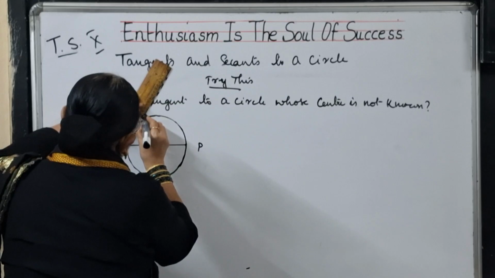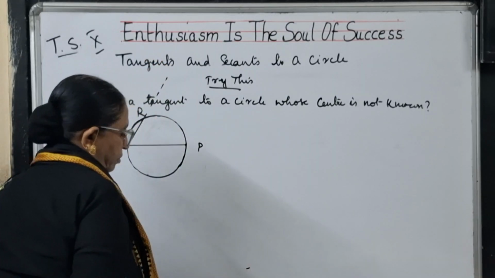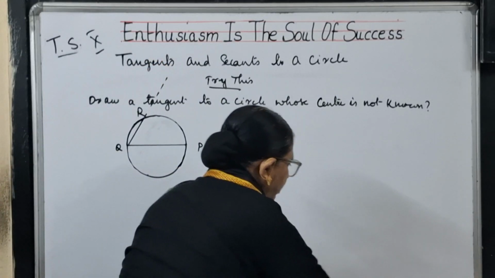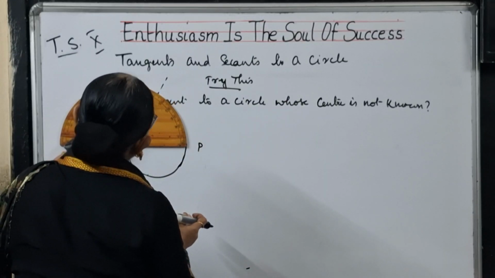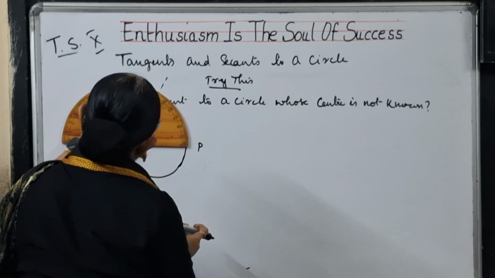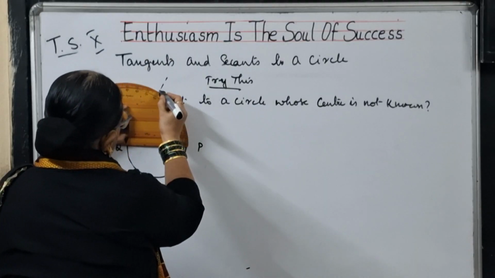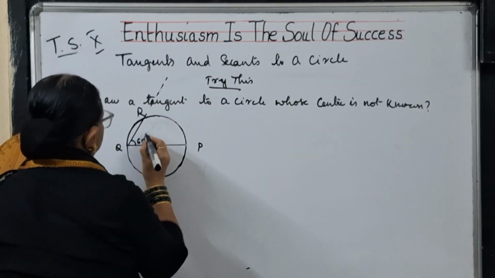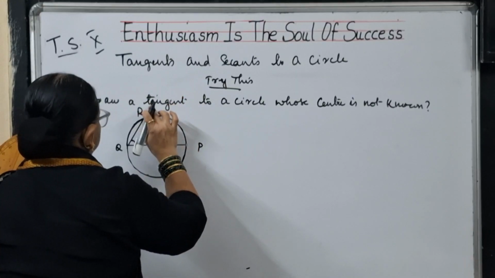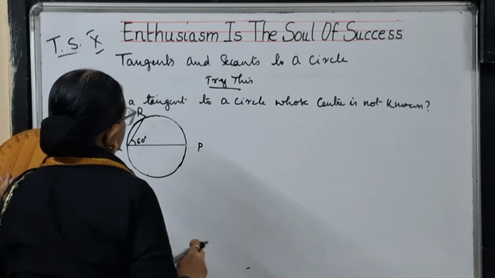It's only for my convenience. You need not do this. Your instrument is small, so in the book you can do it very easily. But since I wanted the angle, this is 60 degrees, children. This line is 60 degrees. So I have measured 60 degrees.